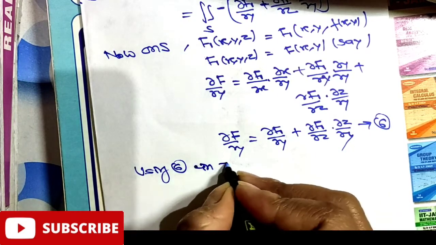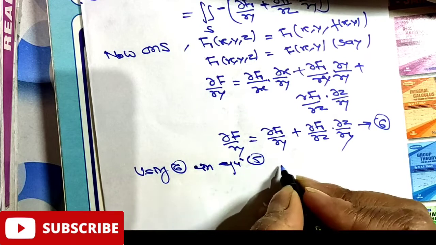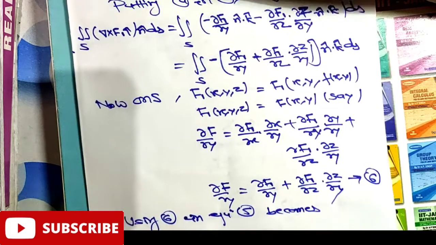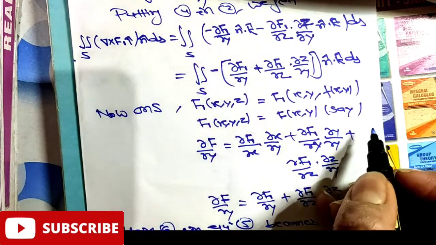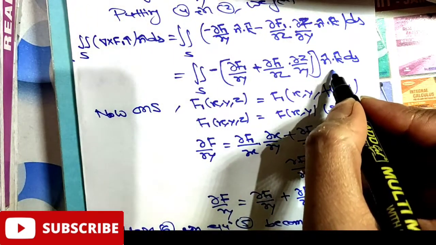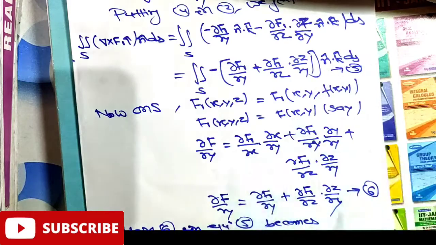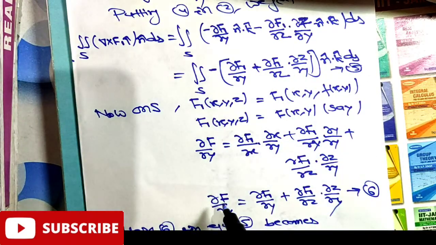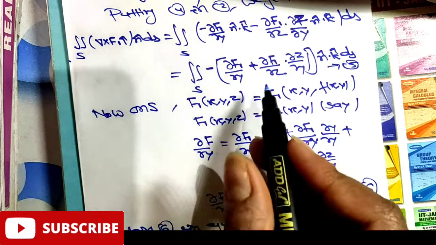Use this equation 6 in equation 5. Oh, we forgot to give that equation number, no? This is equation number 5. So we are going to put this 6 in 5. We are going to put the del F upon del y in place of this term in del f1.